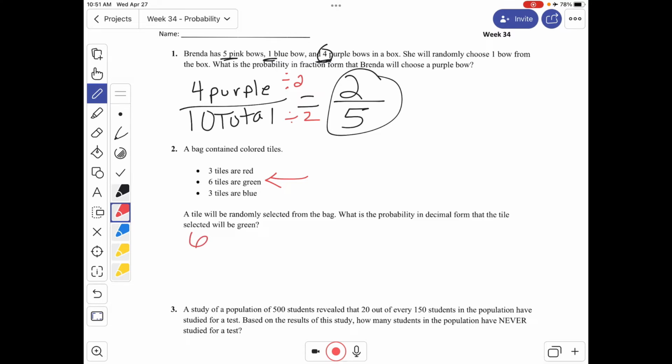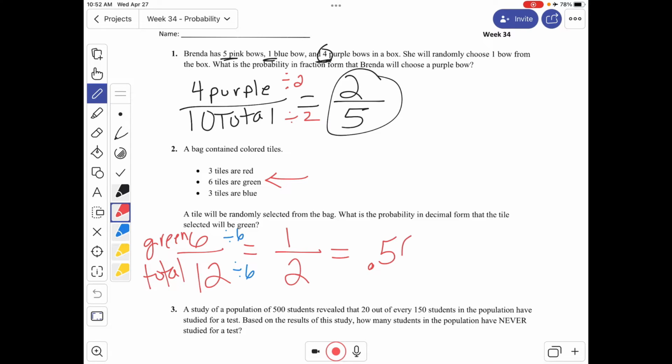There are 6 green tiles out of 12. 6 out of 12 simplifies to 1/2. And 1/2 as a decimal, half of a dollar is 50 cents. So 0.5 or 0.50.